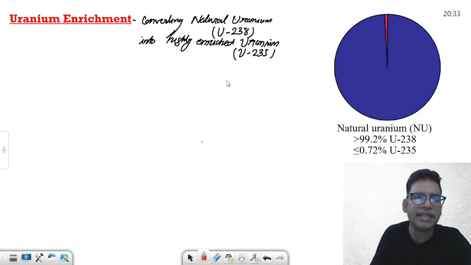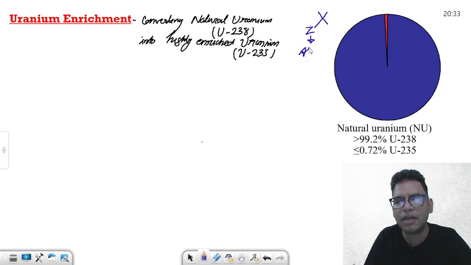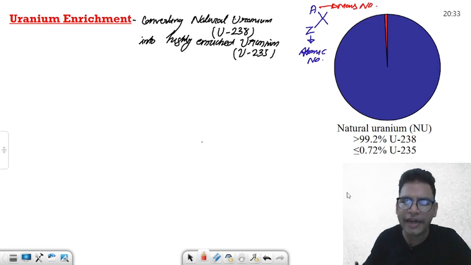Suppose there is an element, for that matter uranium, and it is written like this. This number denotes the atomic number, and this number upstairs denotes the mass number, from basic science. If Z is the same, they are called isotopes.